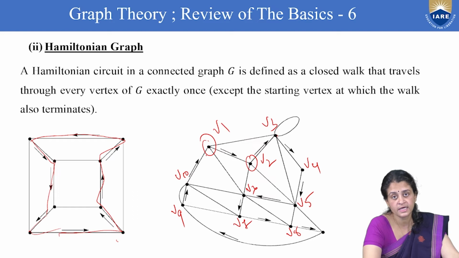So I could find a closed walk that travels through every vertex of this graph. So this contains a Hamiltonian cycle or Hamiltonian circuit.